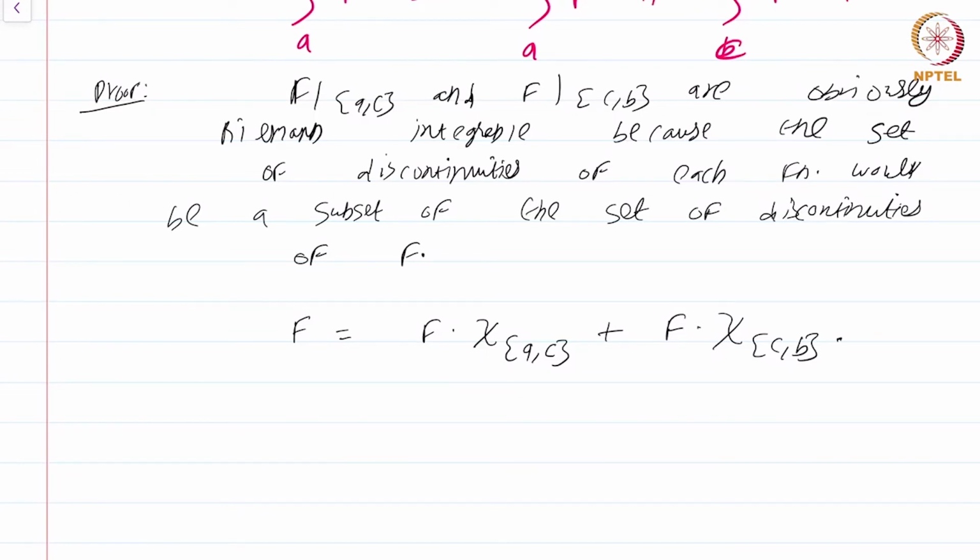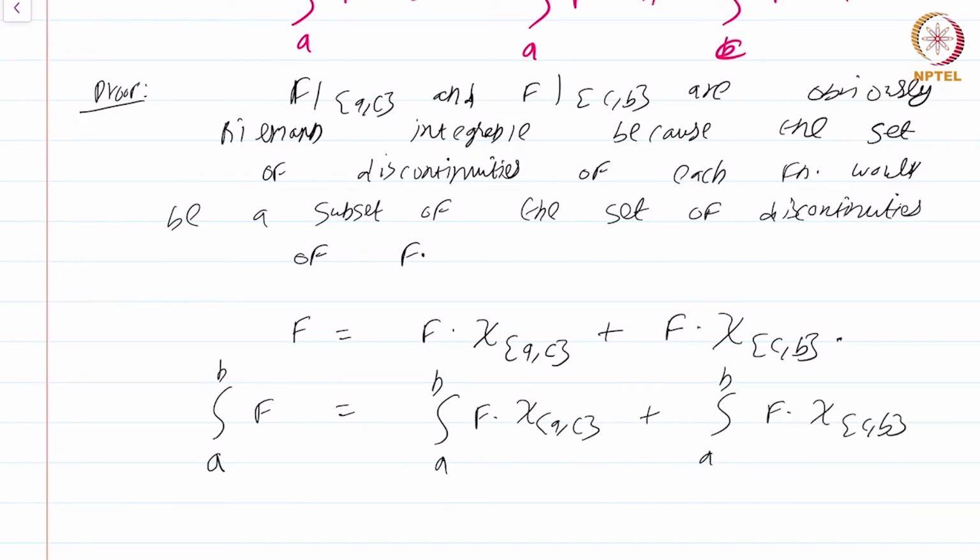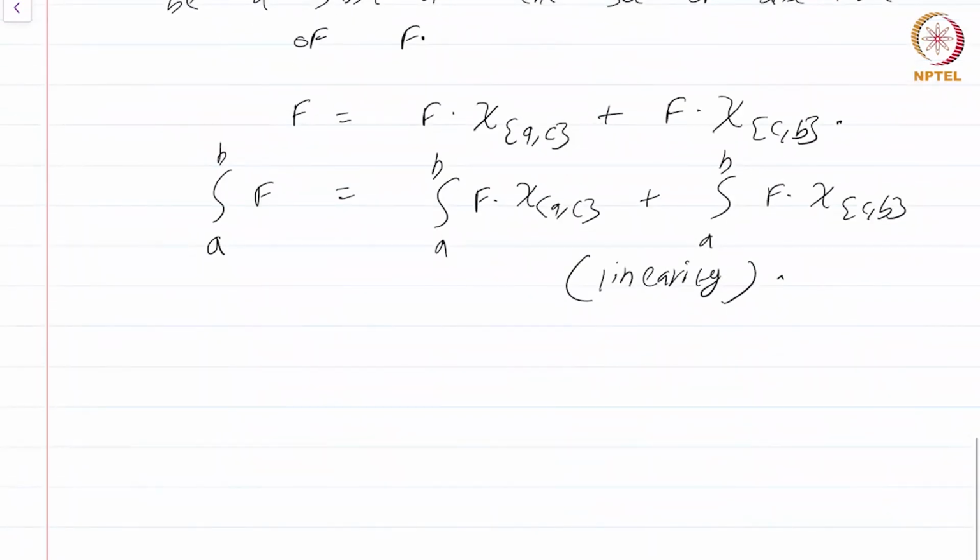Now, with a little bit of thought, it's clear that the integral from a to b of f is nothing but the integral from a to b of f times chi [a,c] plus the integral from a to b of f times chi [c,b]. This just follows from linearity, which we have established in an earlier module.